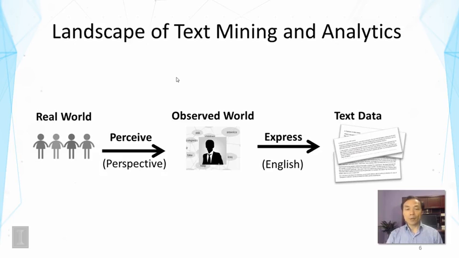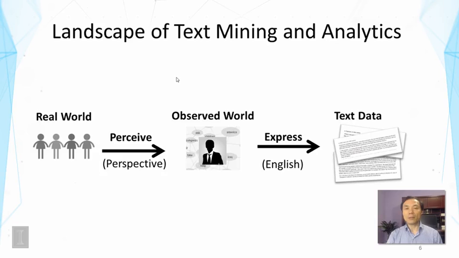Now, the observed world can be represented as, for example, entity relation graphs, or in a more general way using knowledge representation language. But in general, this is basically what a person has in mind about the world, and we don't really know what exactly it looks like, of course.